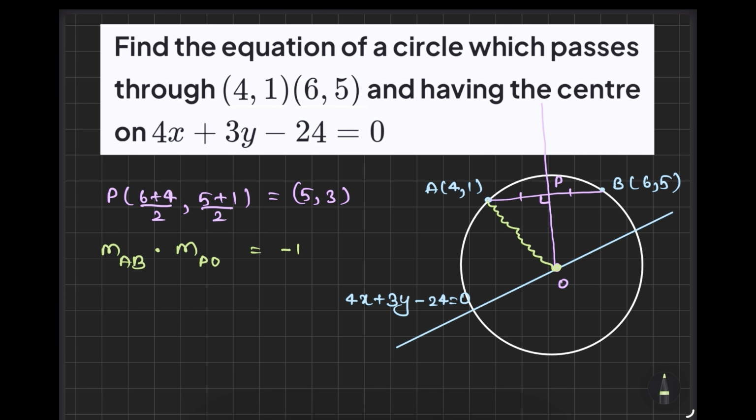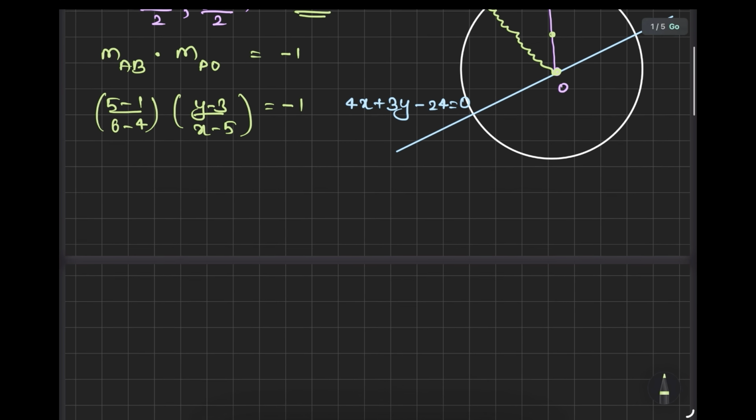Slope of AB: slope means y2 minus y1 upon x2 minus x1, so 5 minus 1 upon 6 minus 4. Done. And then the slope of PO: you know this is the point P, so we take an arbitrary point with coordinates x comma y. So it becomes y minus 3 upon x minus 5, equal to minus 1. Now let's simplify.